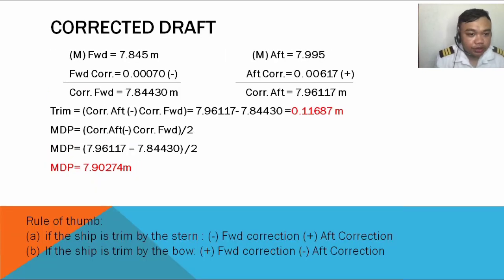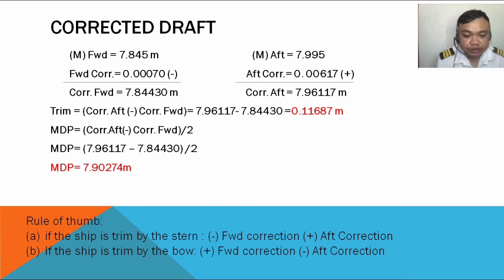So after knowing the forward and after correction, let us have the rule of thumb. If the ship is trimmed by the stern, at all times we should subtract the forward correction from the mean forward draft and add the after correction to the mean aft draft.